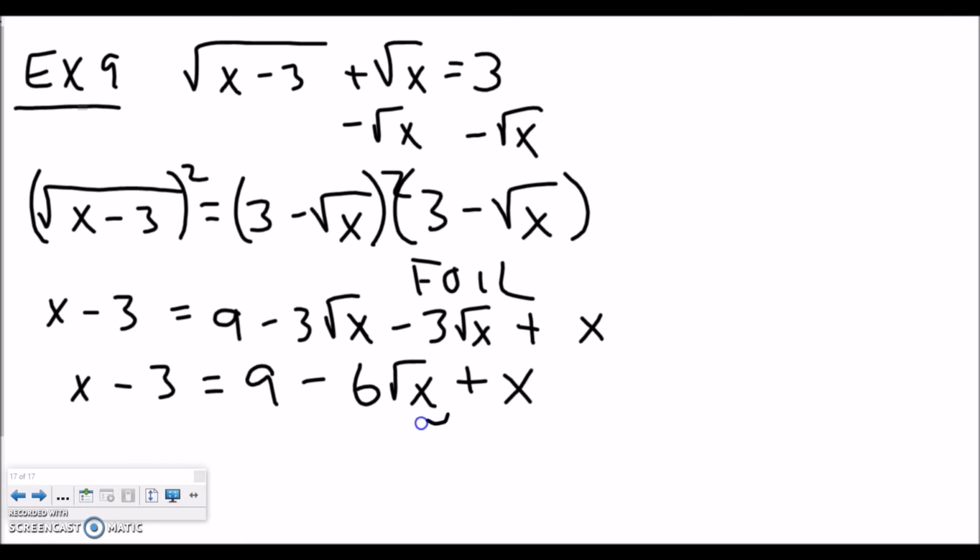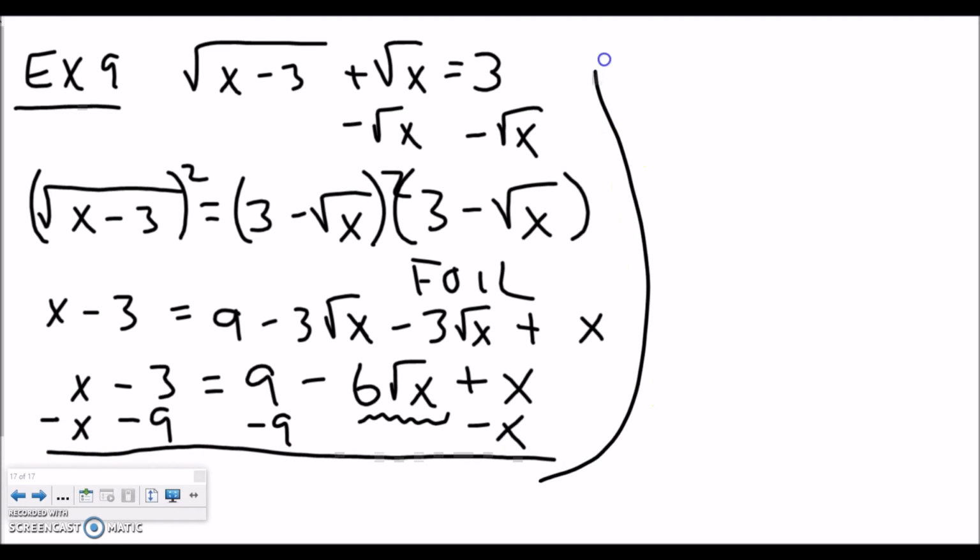Let's get this square root of x by itself. I'll do that by minusing 9 from both sides and minusing x from both sides. And I'll write my answer up here on the right. X minus x actually cancels out.